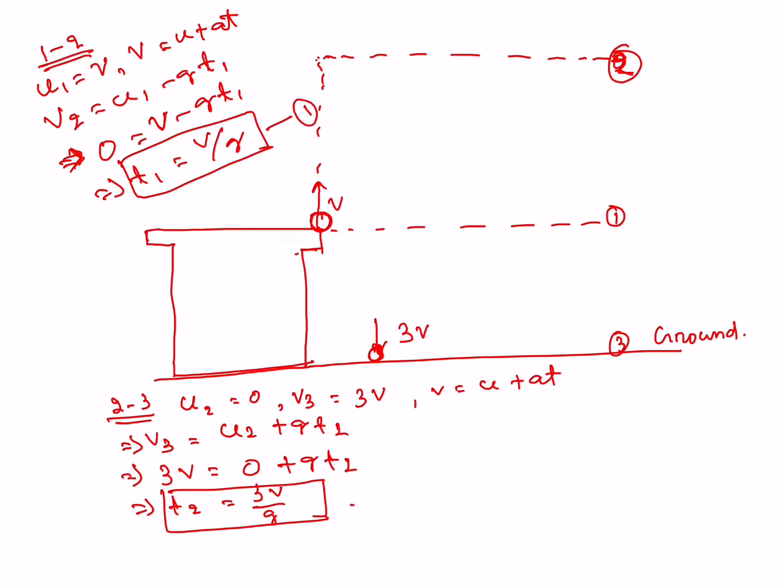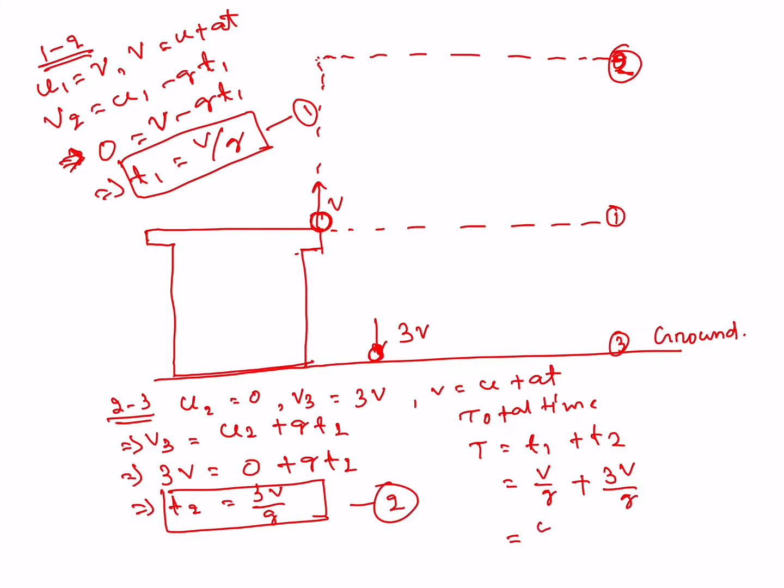Equation 1, equation 2. From equation 1 and 2, total time capital T equal to T1 plus T2. T1 is how much? V by g from equation 1, and from equation 2, T2 equal to 3v by g.